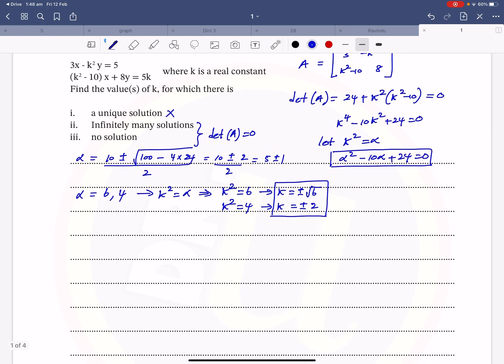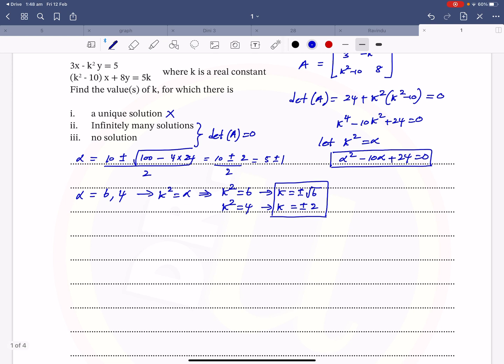What I will do is rearrange the first equation. That would be y is equal to 3 divided by k squared times x plus 5 divided by k squared.